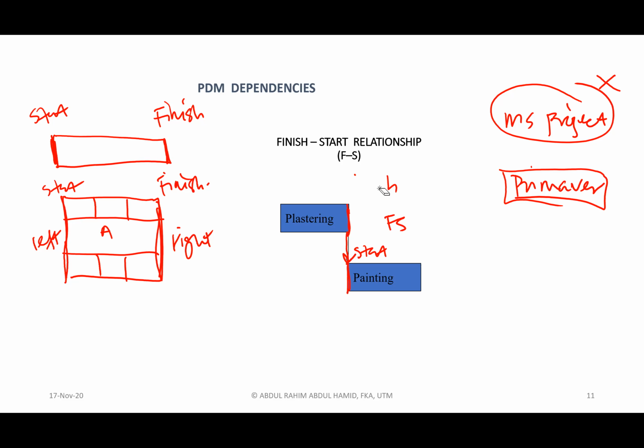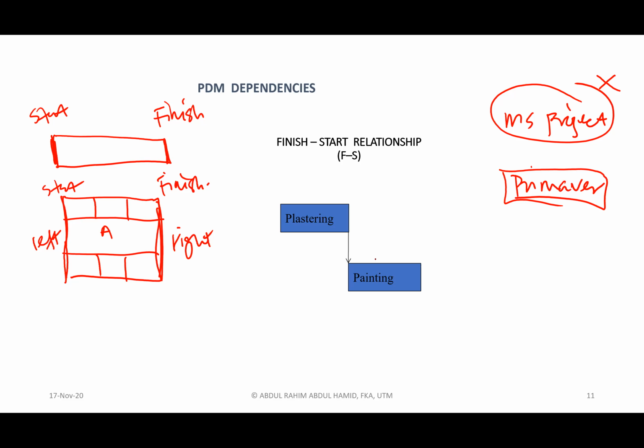Okay, let's say clustering. The relationship between activities should indicate the logic relationship. We do not do painting first and then later on plastering. No. We do plastering first on a wall. Then after plastering is complete, then only we do the painting.